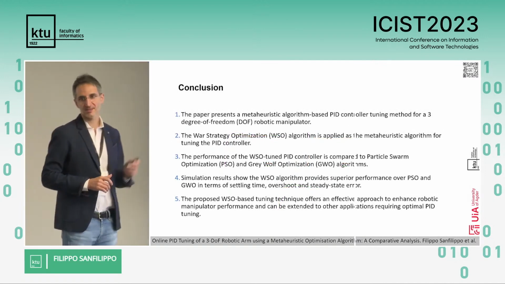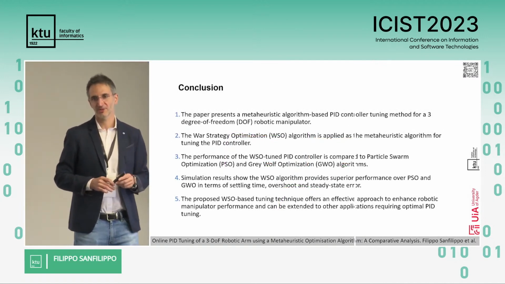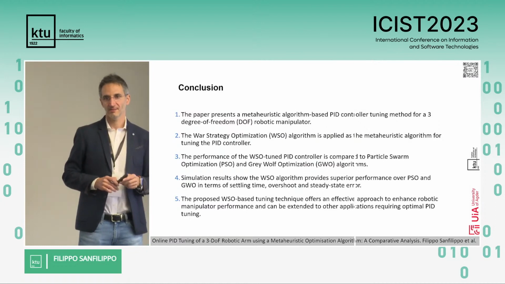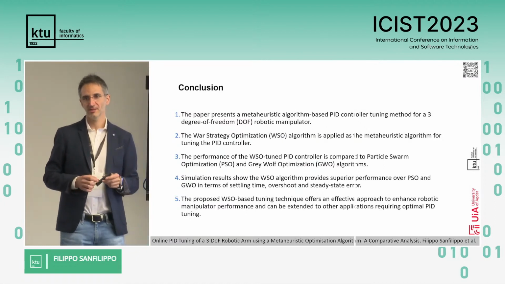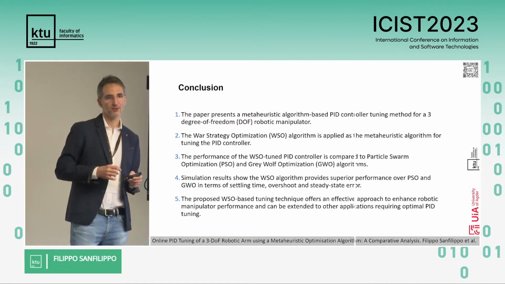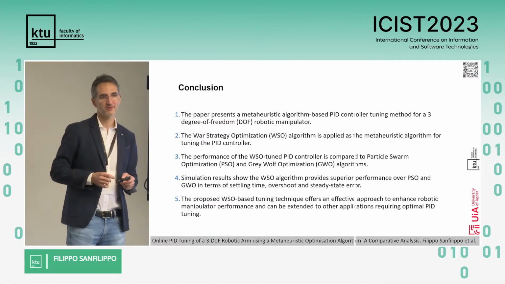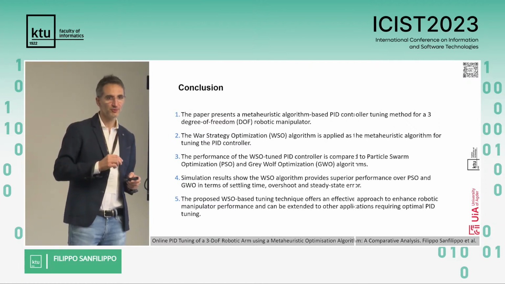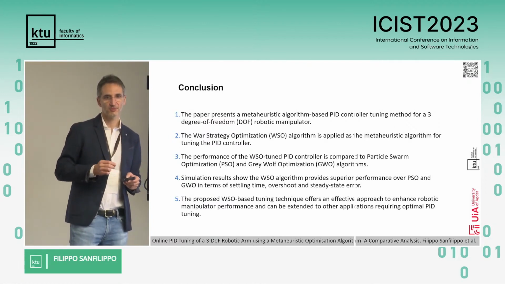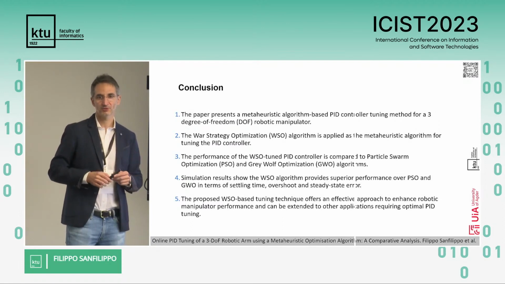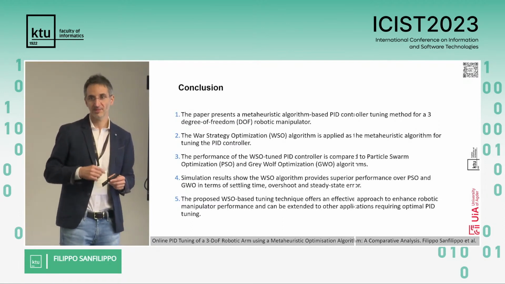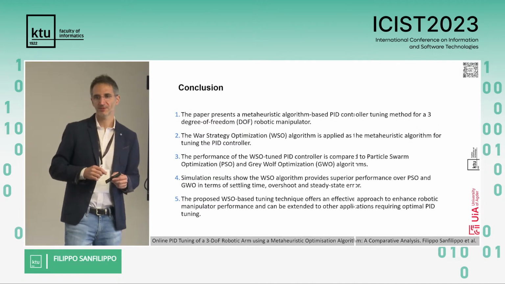To conclude, in this article we have presented a meta-heuristic based algorithm that we call war strategy optimization, and we have used this heuristic to tune the PID controller for a robotic arm.